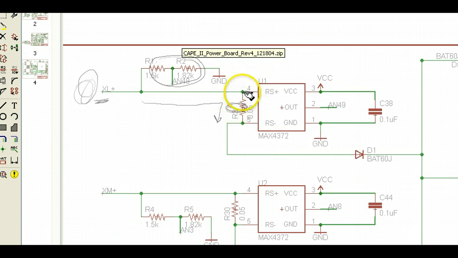As current flows in this resistor, it produces a small voltage drop. And this is essentially a differential amplifier with a gain of 50. So if we had 1 millivolt over here, we would have 50 millivolts over here, and this goes to the A to D. So there's 14 of these guys.